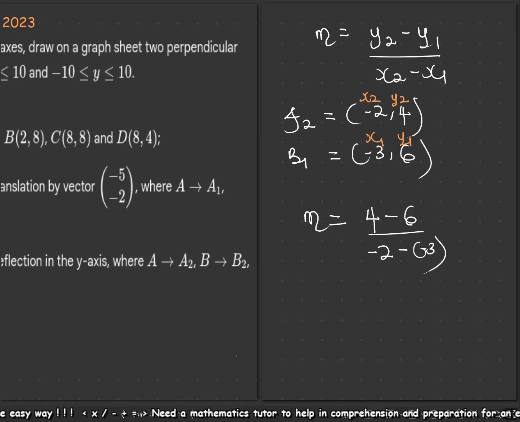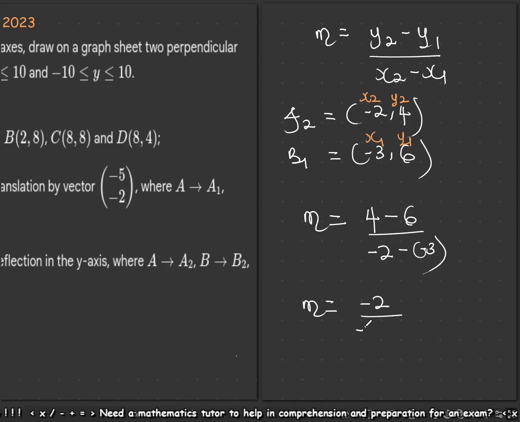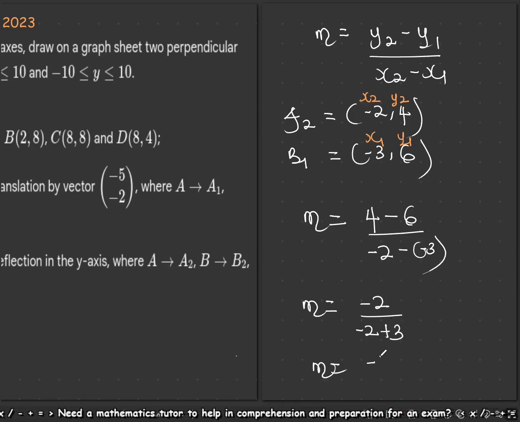What is left is for you to simplify. So our gradient M is 4 minus 6, that is negative 2, over negative 2 minus negative 3, and since we have a negative here, it becomes plus 3. Further simplification gives us negative 2 over 1. And we know any number over 1 is the same number.